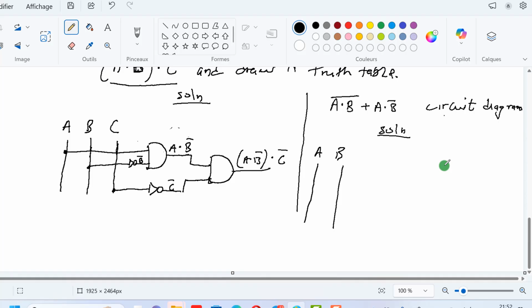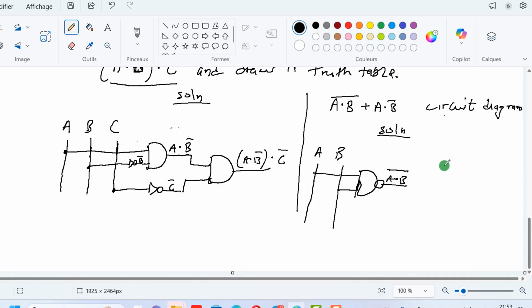But you know very well that A dot B alone is the AND gate, meaning that you have something like this, A dot B. But now you are seeing that everything is bar. If everything is bar, it simply means that this thing is passing through a NOT gate. So this becomes the NAND gate, so that you can have this bar here. This is how you write it, so that you always remember what you are doing.